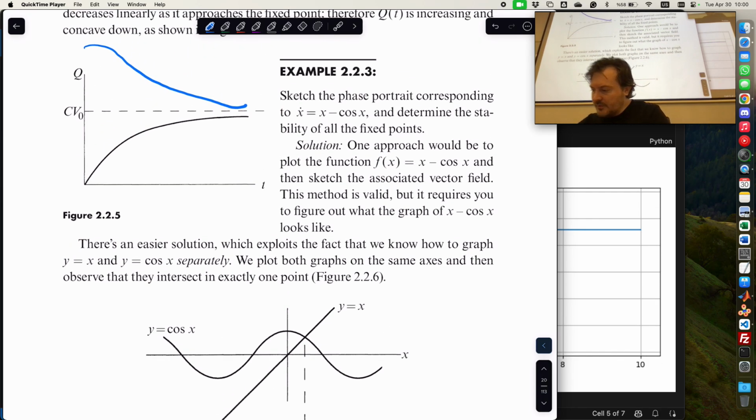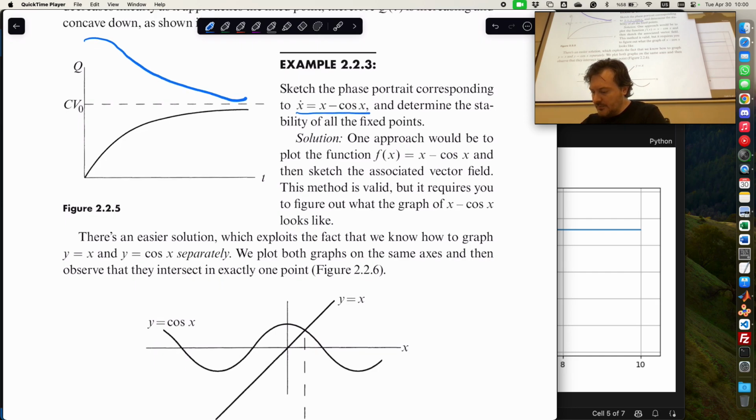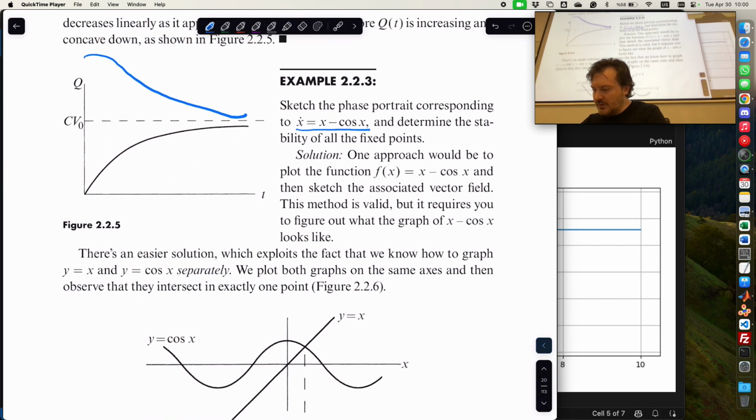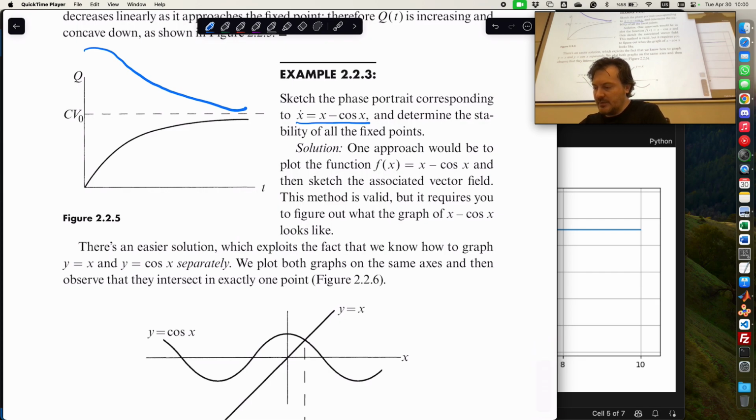So for example, sketch the phase portrait corresponding to x dot equals x minus cosine x. Okay, this is a bit more complicated, I guess. But what the book does is it plots x and it plots cosine x, and you can immediately see that beyond this point, x is always winning, right?